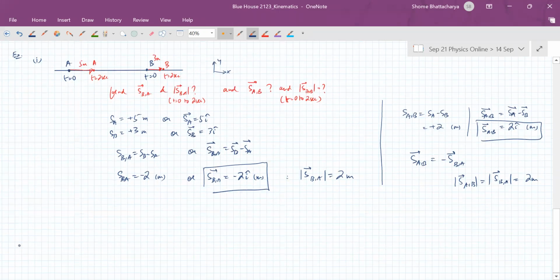Now, same way, if we had a situation where, supposing in the same situation, initially A and B are lying here at t equal to 0. But now suppose they're making displacements like this. A is moving the same as in the previous example, but B is moving in the opposite direction.